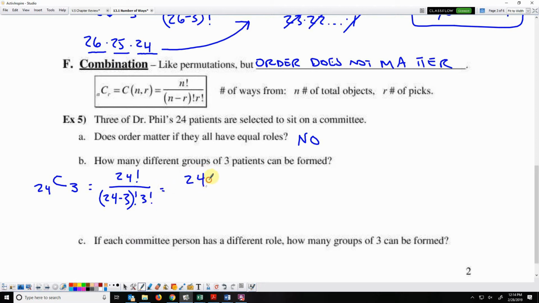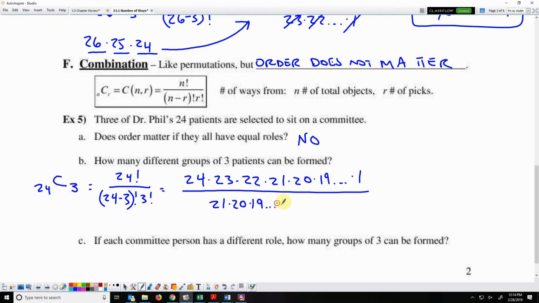So it's 24 times 23 times 22 times 21 times 20 times 19, all the way down to times 1, over 24 minus 3 is 21, so 21 times 20 times 19, all the way down to times 1, but also times 3 factorial, so times 3 times 2 times 1. So what cancels is 21 and 20 and 19 and 18, 17, 16 down to 1.